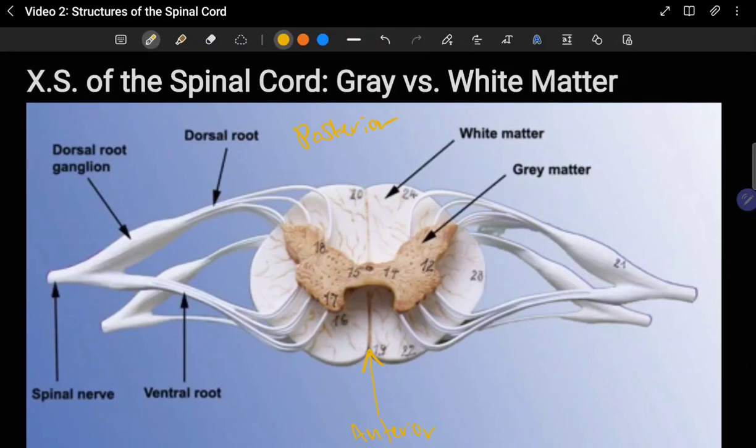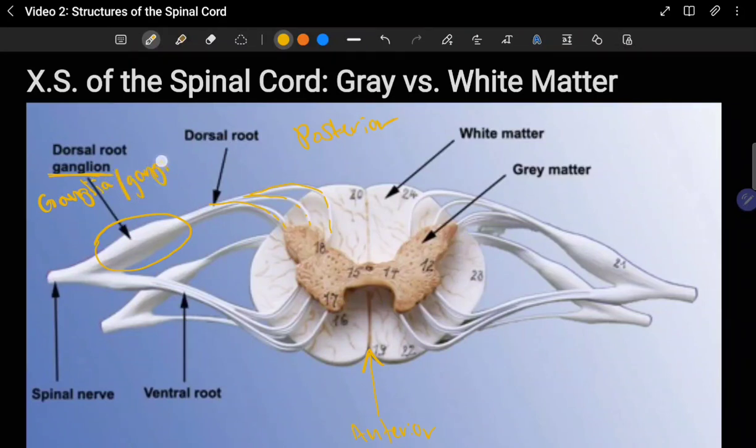So posteriorly or dorsally, we're going to have a dorsal root. And this is connected to that posterior gray horn. So we've got little nerve fibers here conjoining into our dorsal root. On the dorsal root, we have an enlargement. This is our dorsal root ganglion. So this is the first time we've seen that term ganglia pop up again.